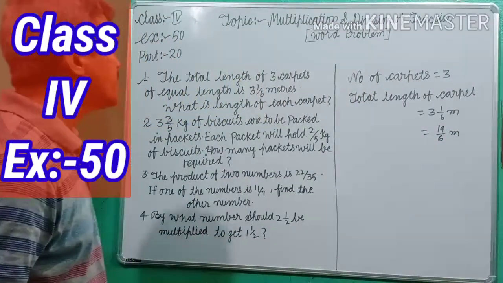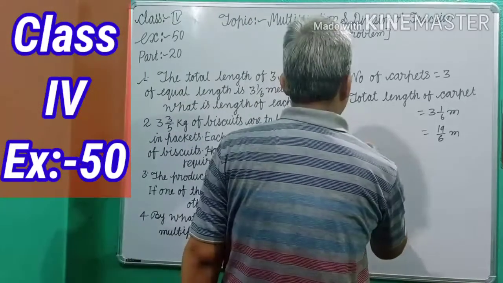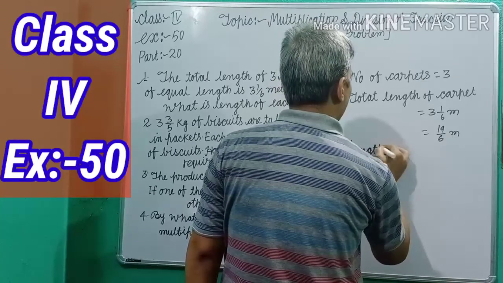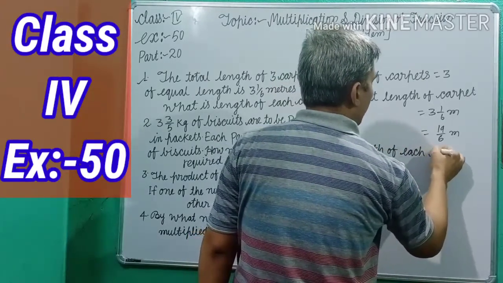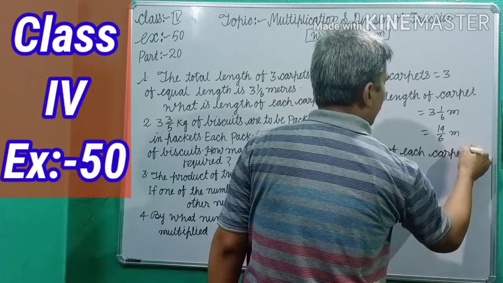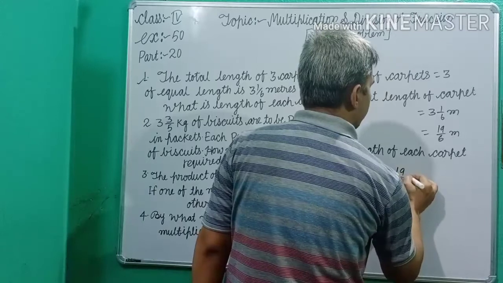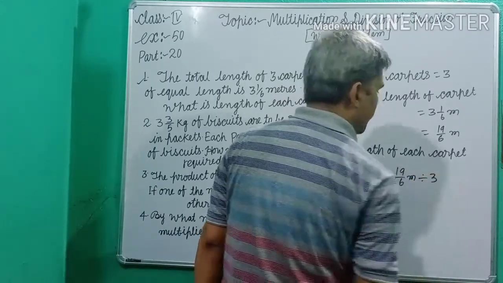Now, dear students, what is the length of each carpet? So, length of each carpet is equal to 19 by 6 meters divided by 3.